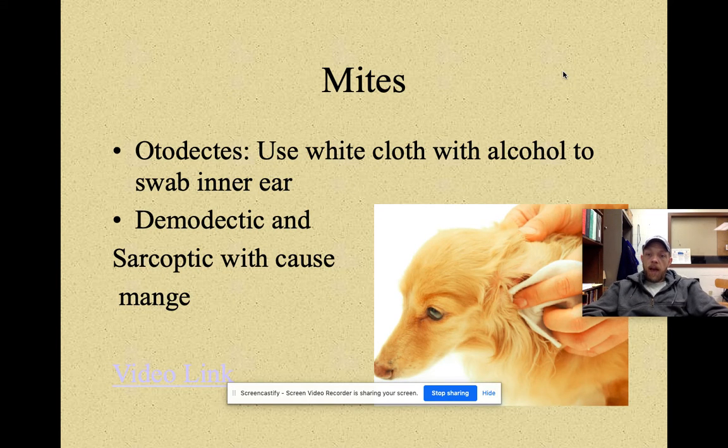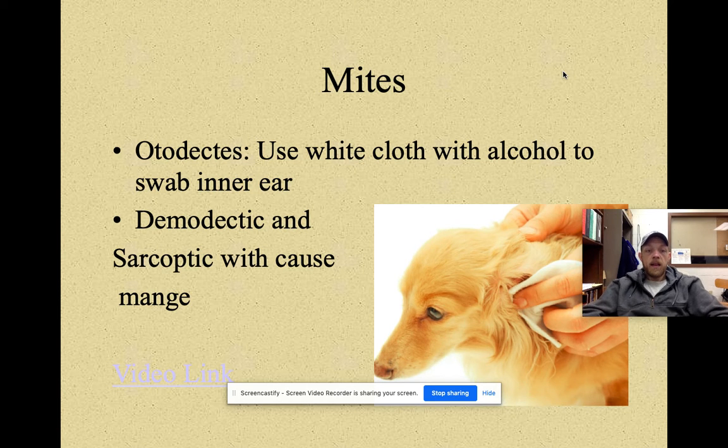The alcohol acts as a solvent. It removes any of the droppings that the mites might leave behind, and then they will become visible on that cloth. We can then take some of those droppings and put them on a slide and look under a microscope and see if our suspicions are correct, if there's actually a mite issue.